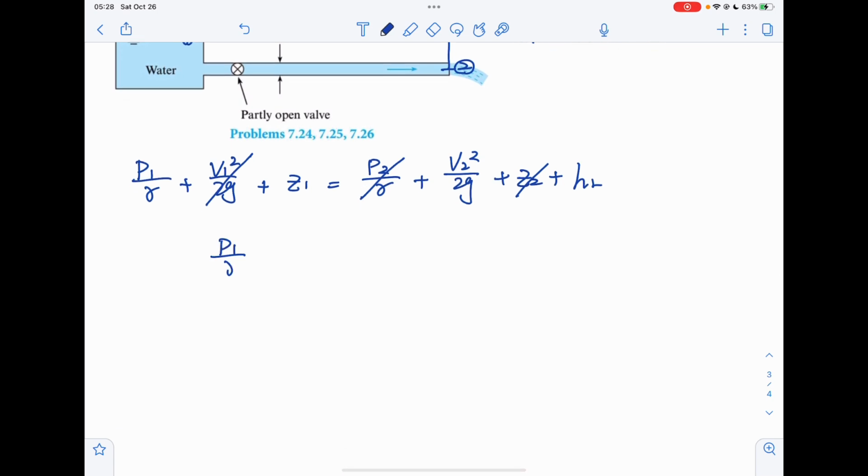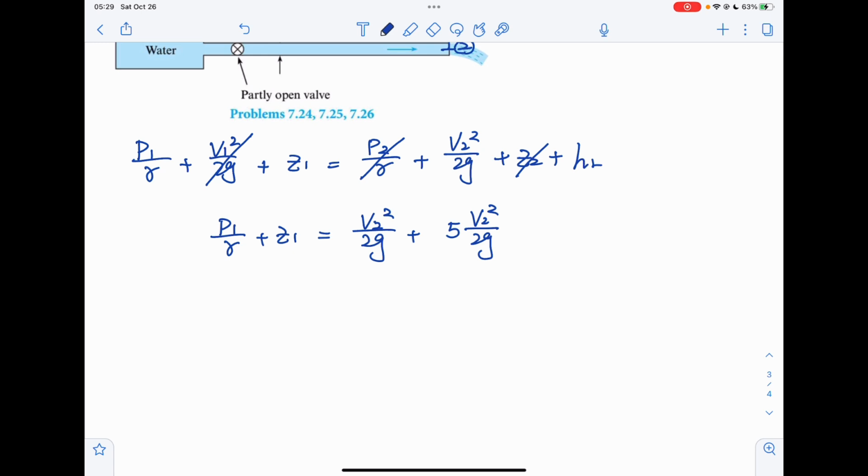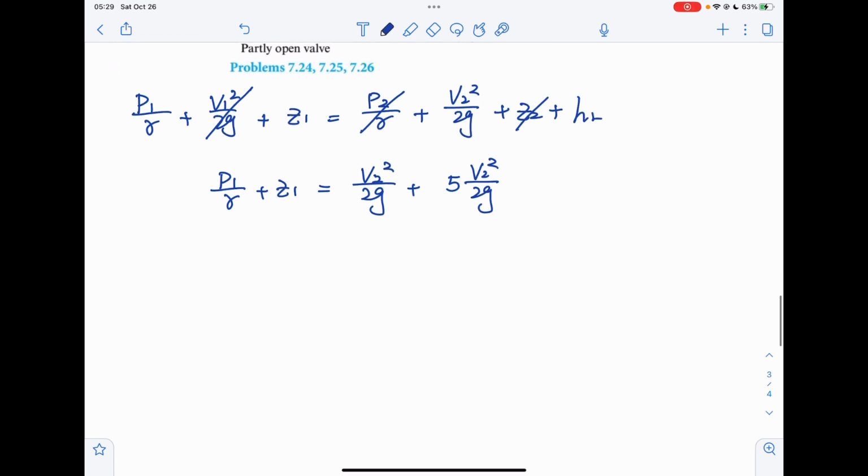P1 over gamma plus Z1 equals V2 squared over 2g plus the head loss, which is 5 V2 squared over 2g. So the V2 is equal to the V, because we only have one velocity in the entire problem. Okay, so the next step, we're gonna find the V2 we need.